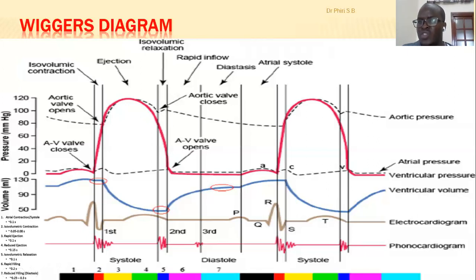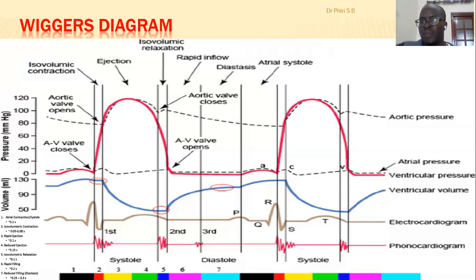It's because during the ejection phase, blood is moving into the aorta, and the aorta is an elastic blood vessel, so it's going to expand. When ventricular pressure is reducing, the aorta is going to recoil. The recoiling is also going to increase the aortic pressure. So the aortic pressure is still increasing, but the ventricular pressure is reducing.